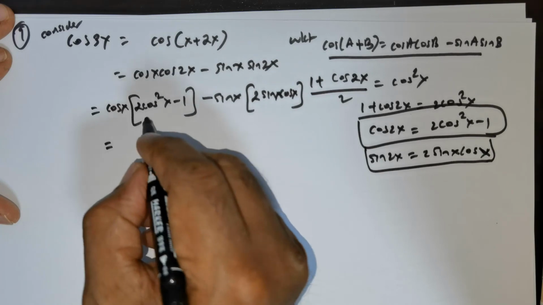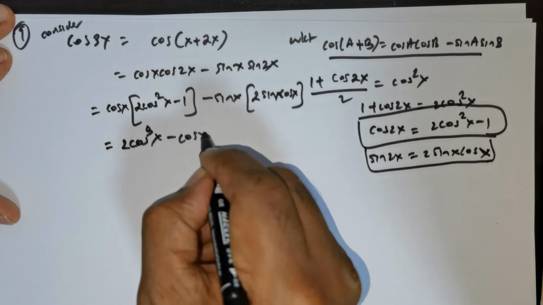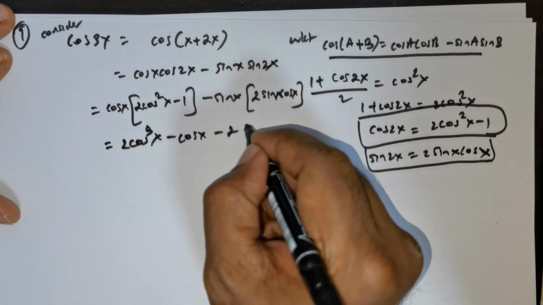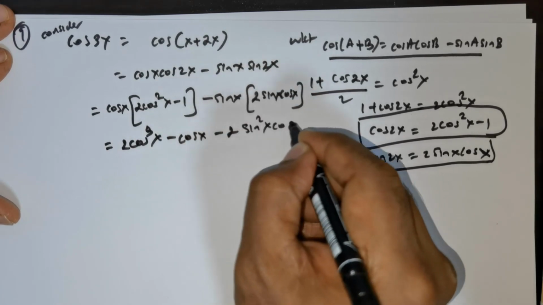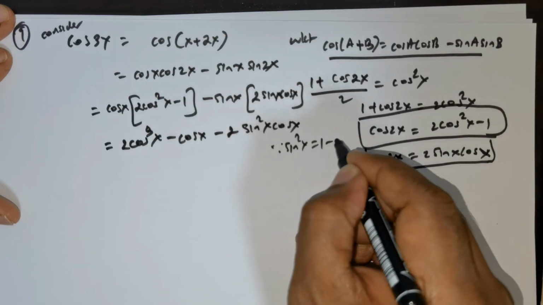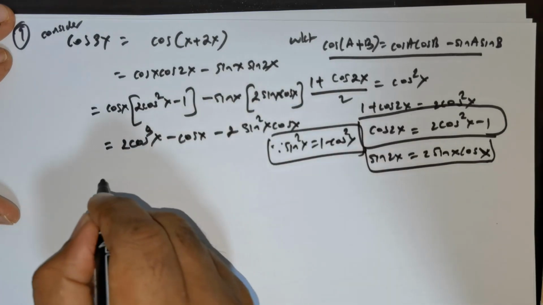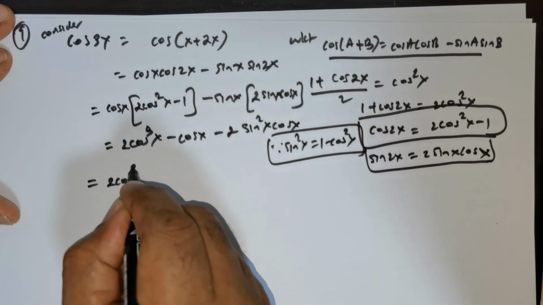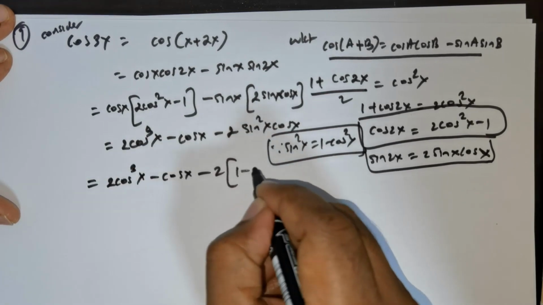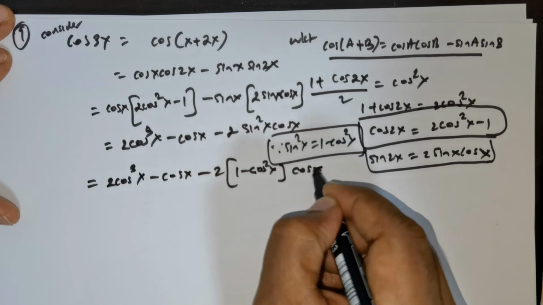So distribute cos x, so that's going to be 2 times cos cubed x minus cos x minus 2 times sine squared x times cos x. Now we know that sine squared x is equal to 1 minus cos squared x. Substitute that over there, so it's going to be 2 times cos cubed x minus cos x minus 2 times 1 minus cos squared x times cos x.